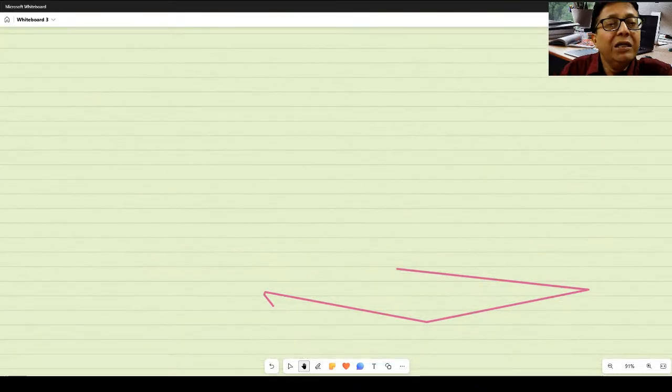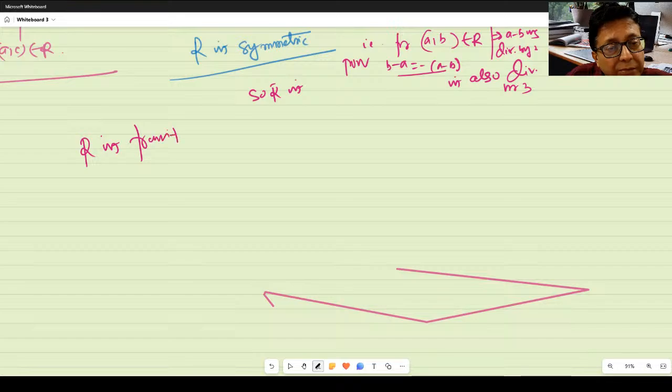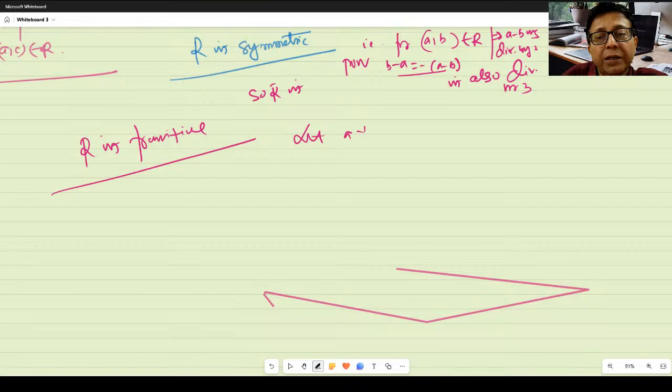Here, is R transitive? Let us check. Let A minus B be a multiple of an integer.